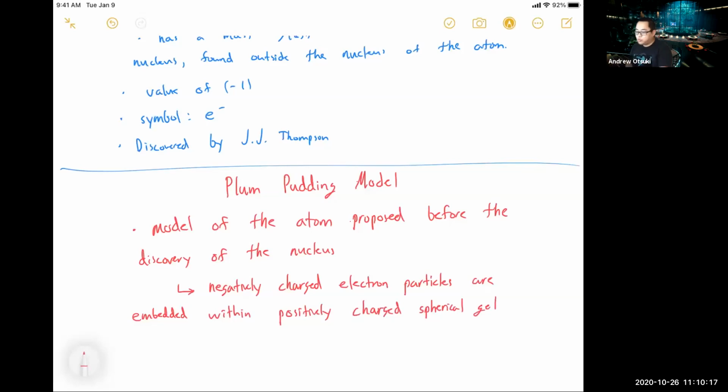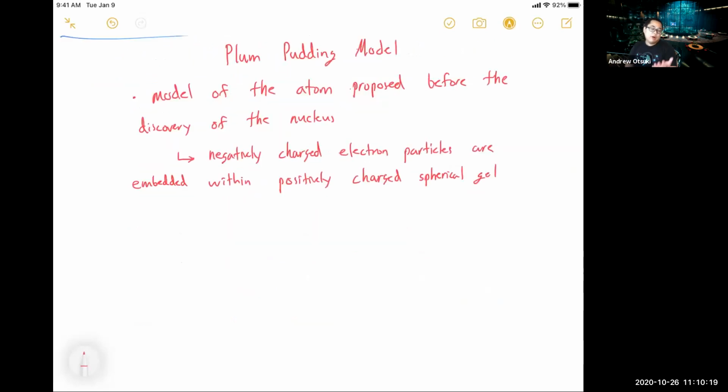What I assumed was that you had plum pudding, right? It's like a spherical thing with positive charge in it, and the plums sticking out of the pudding are the electrons. So if you ever get lost about what the plum pudding model is, just think about a spherical bowl of pudding, and then you have plums or raisins that stick out, and those are your electrons floating within the atom. So that's basically the plum pudding model.